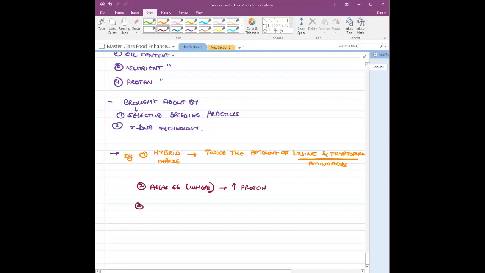Okay, third, just like this, we have iron fortified rice. Okay, and this is going to have around 5 times more iron. So really rich in your iron.